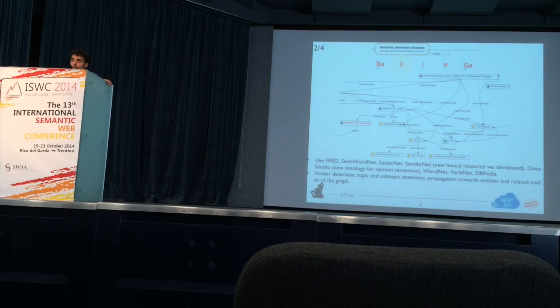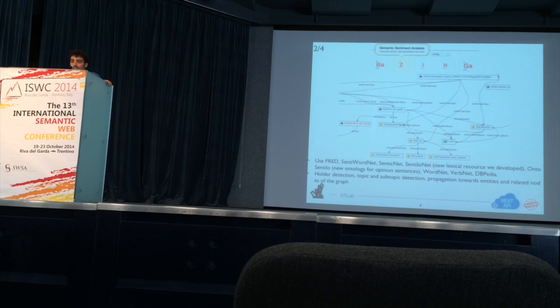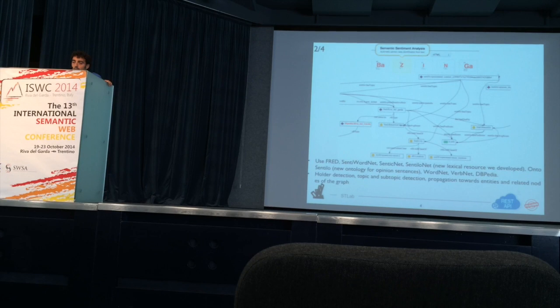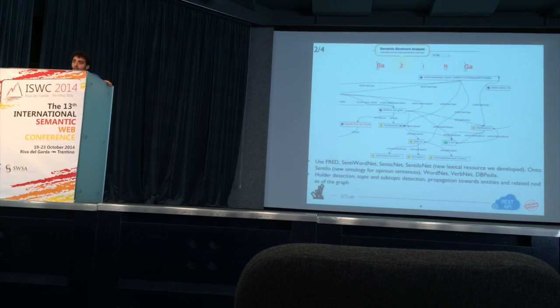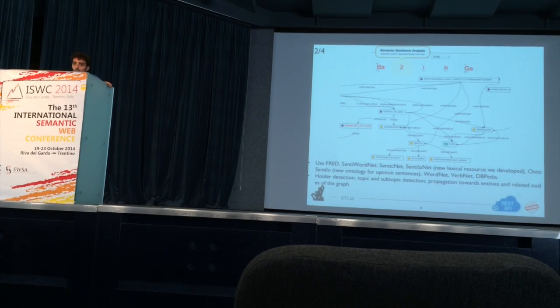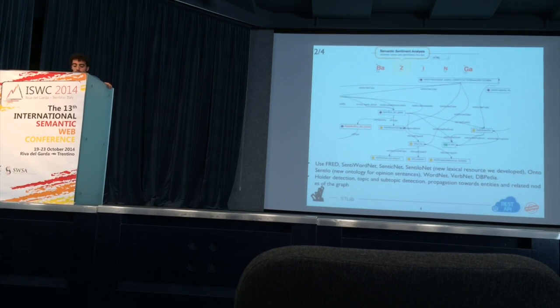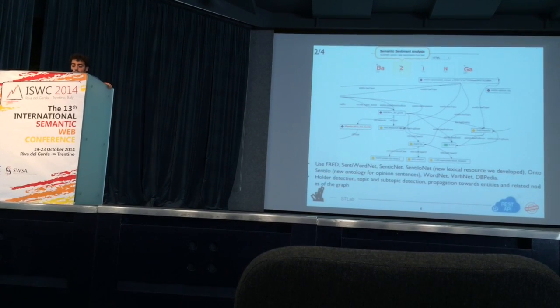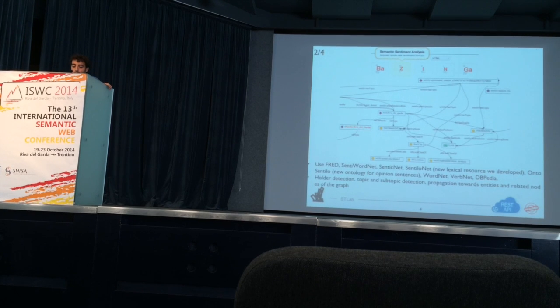There is this new area of research which uses semantics for sentiment analysis. We built this system and we published 2 papers in magazines, because the idea was to use the semantics provided by machine reading to assess the aspect detection, topic and subtopic detection, and the propagation toward entities. We even built a new lexical resource which we called SentiNet, and it was highly appreciated by the sentiment analysis community.